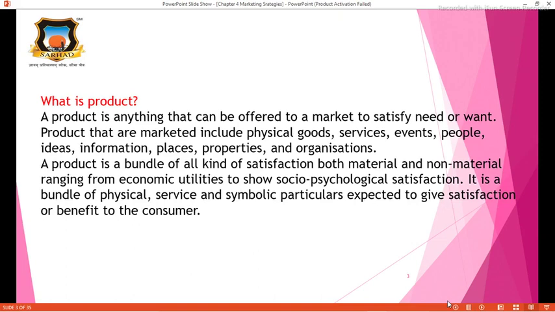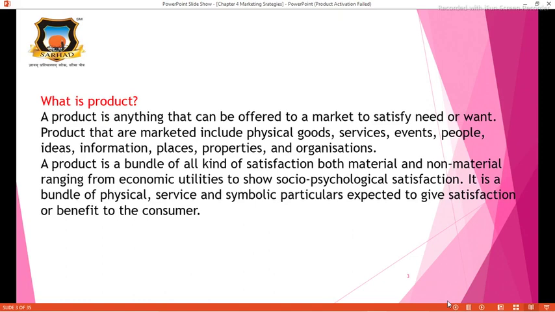A product is anything that can be offered to a market to satisfy needs or wants. The products that are marketed include physical goods, services, events, people, ideas, information, places, properties, and organizations.